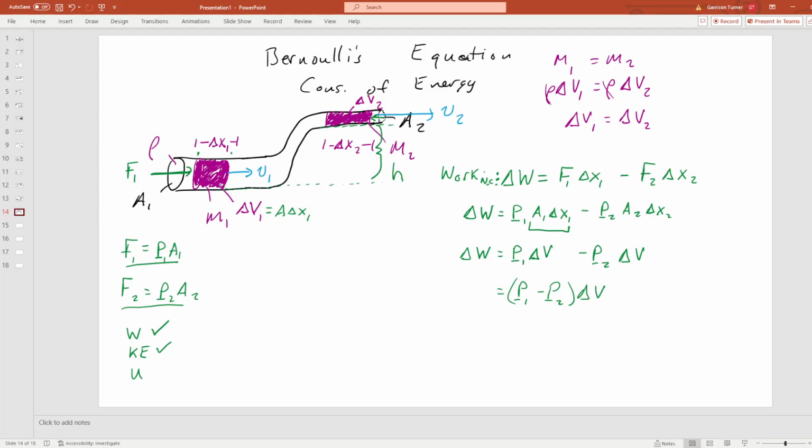Because even though the rate at which mass is moving through is going to be the same, kinetic energy depends not just on the rate of mass moving, but on the speed squared. So even though the rate at which the mass is moving through is the same, the kinetic energy of that mass does not have to stay constant. So that's the punchline.